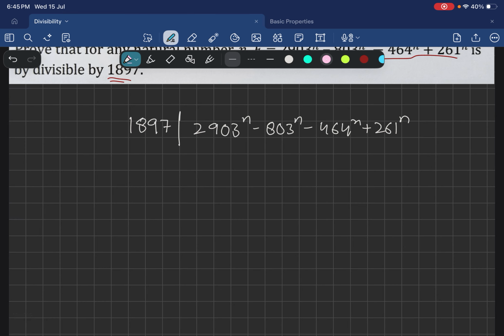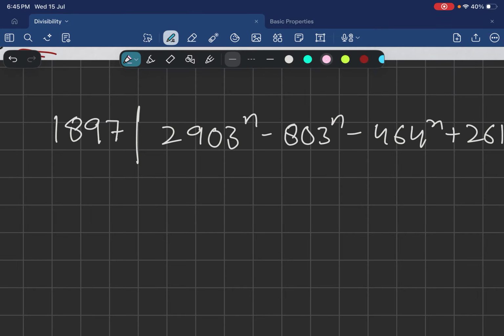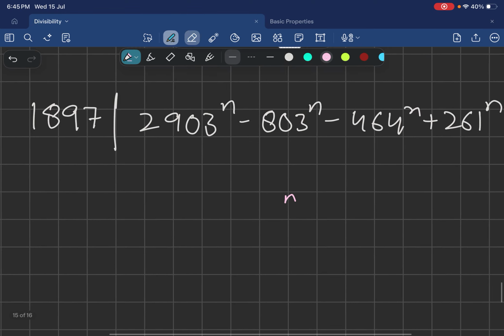There are no more than two strategies that you can try to solve this question with. The very first is the property that I told you, along with some basic facts. So x minus y is always a factor of x to the power n minus y to the power n.